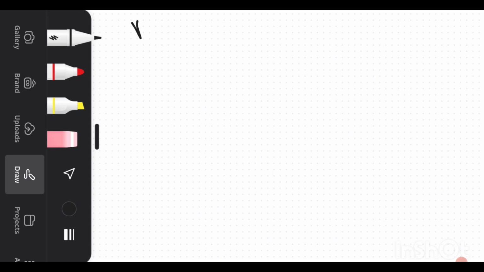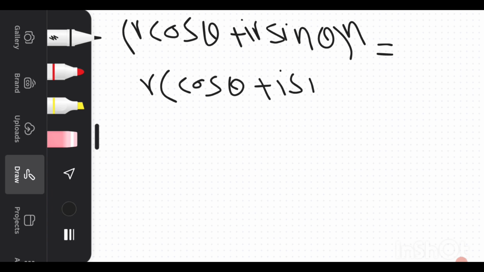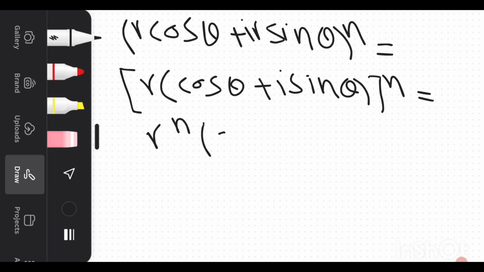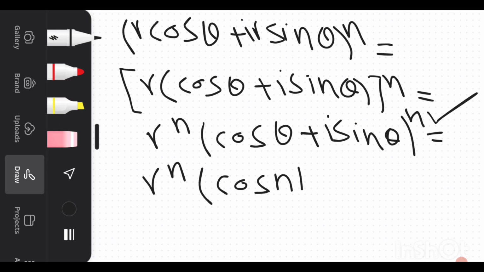So the value of x is r cos of theta, and the value of y is r sine of theta, but we have iota here, whole power n, which is equal to, we will take r as common, r into (cos of theta plus iota sine of theta) whole power n, which is equal to r power n into (cos of theta plus iota sine of theta) whole power n, which is equal to, now by using De Moivre's theorem we can write this equation as r power n (cos n theta plus iota sine n theta).